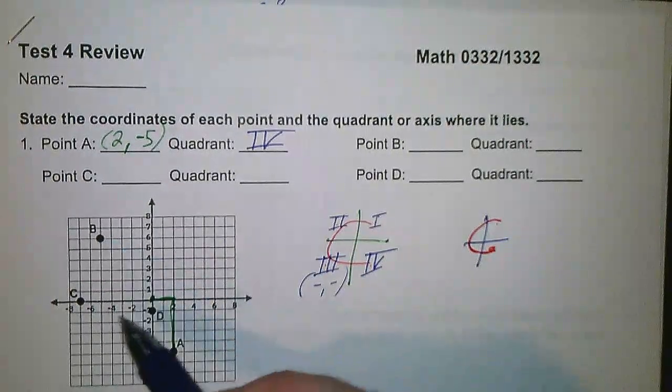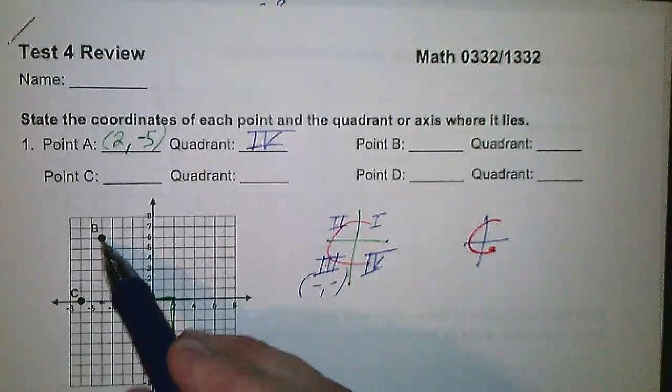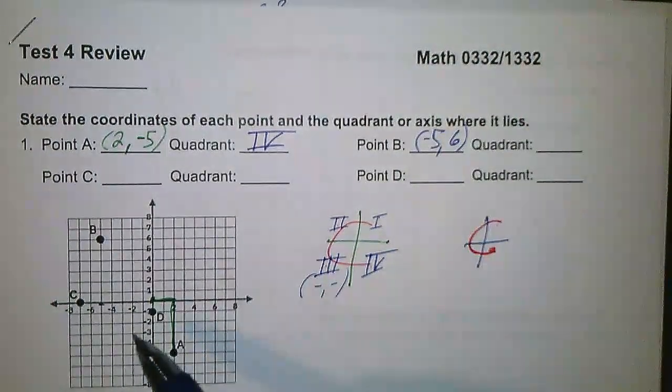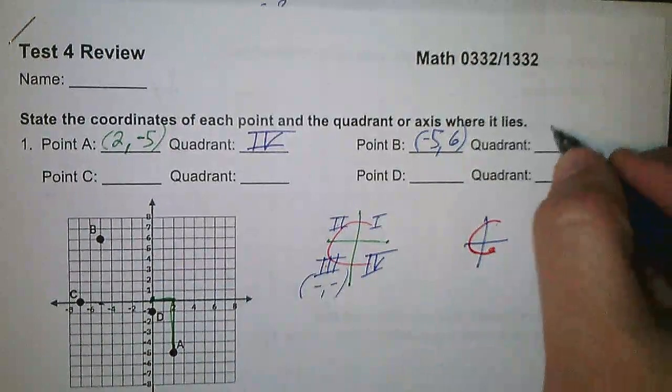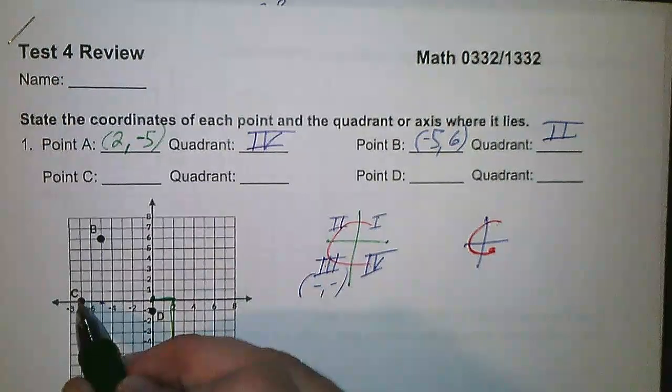So point B is at negative 5 from the origin. Move to the left 5, move up 6. So negative 5, 6 puts us in quadrant 2. I will point out the intercepts, however.